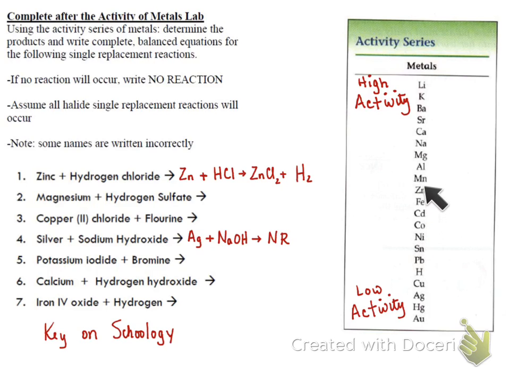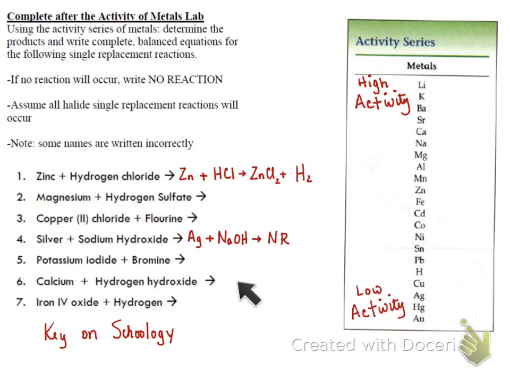So zinc is higher and hydrogen is lower, which means hydrogen would rather be alone and zinc would rather bond than hydrogen. So they are going to react because zinc is going to kick out hydrogen because zinc is higher activity and it would rather make a bond. Hydrogen is lower activity, it would rather be alone. So this reaction is going to happen.